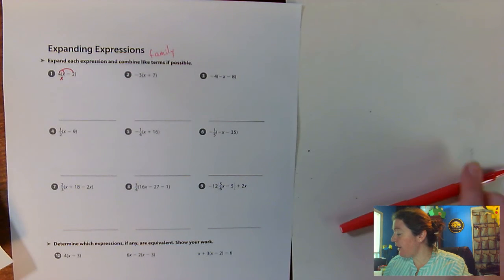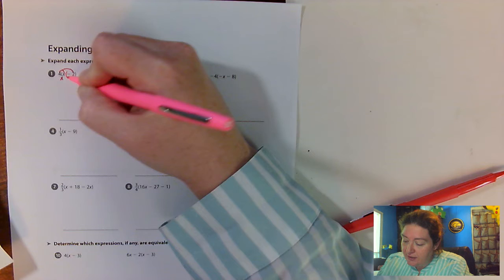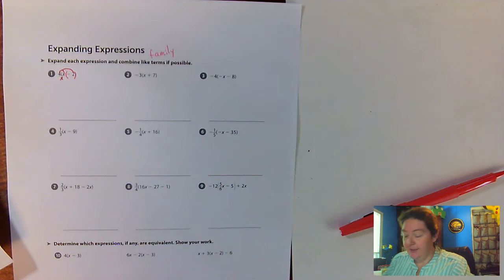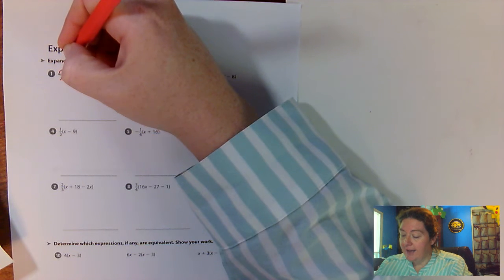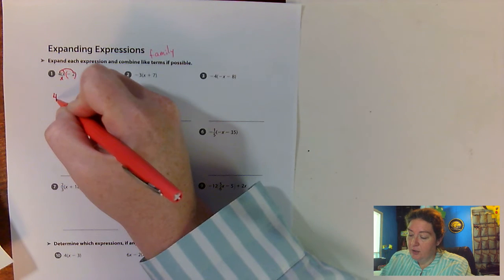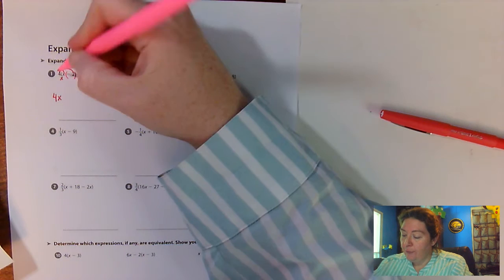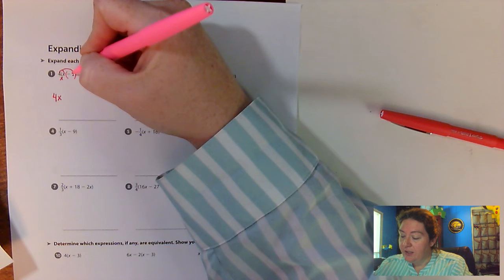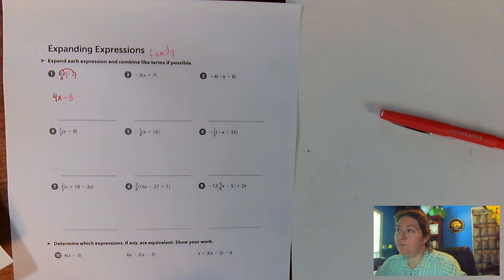And I also have to remember that the sign that's in front goes with the number behind it. So I'm going to say 4 times x gives me 4x, and 4 times negative 2, put it in your calculator, gives me negative 8.